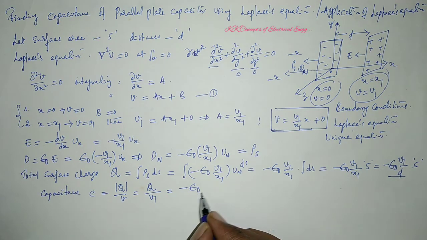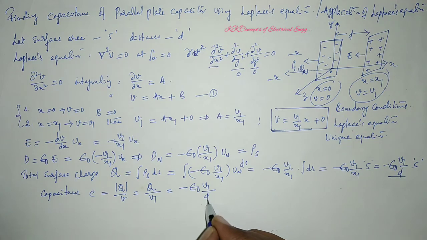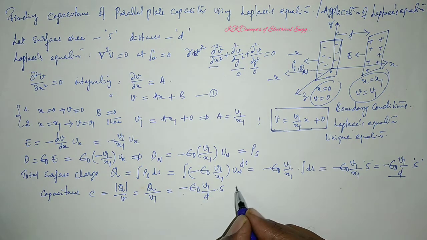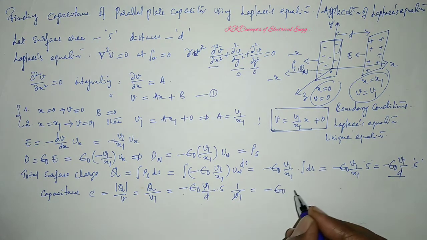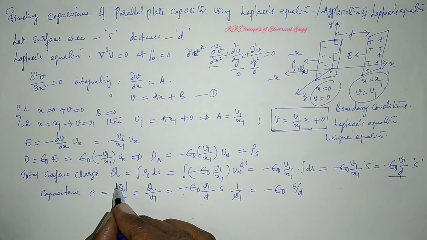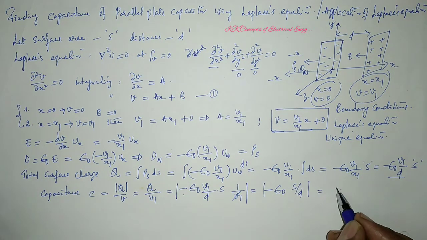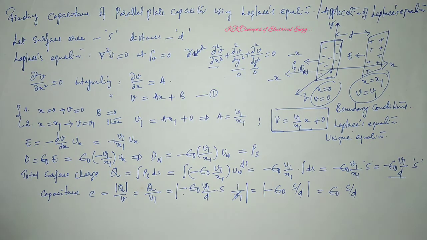So minus epsilon naught V1 divided by D into S divided by 1 by V1. V1 gets cancelled, and we are going to get minus epsilon naught S by D. Taking only the magnitude, we are going to get epsilon naught S by D.